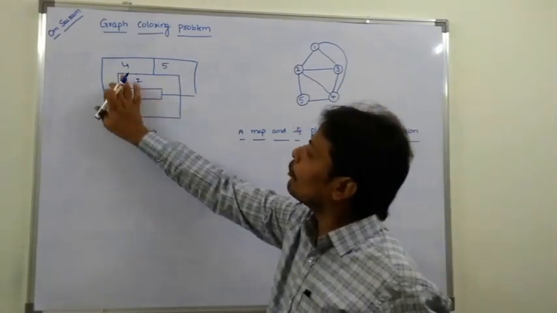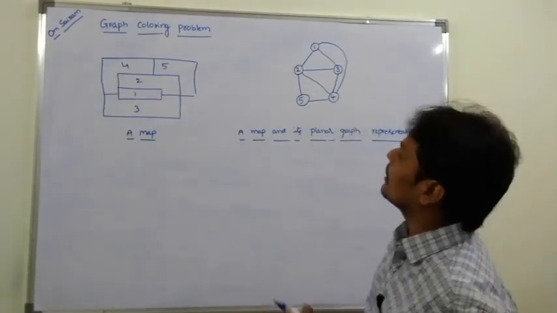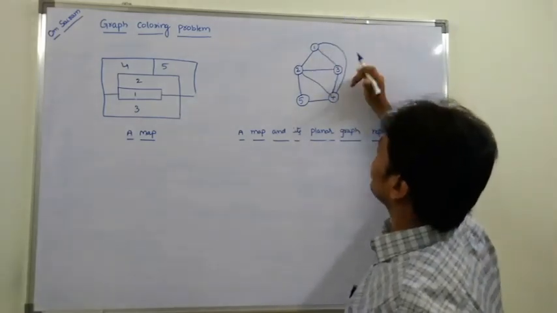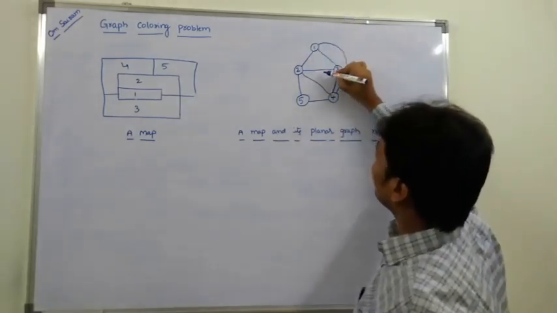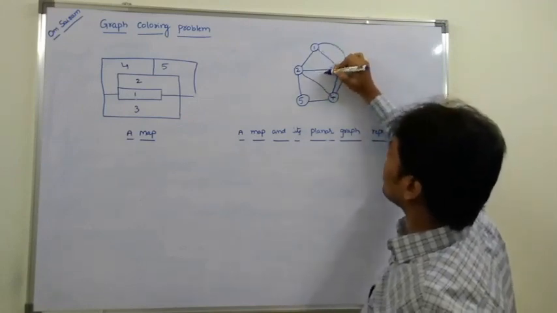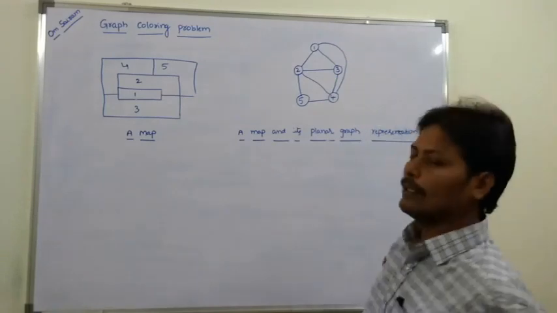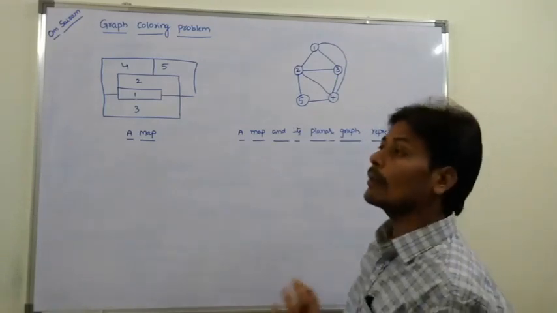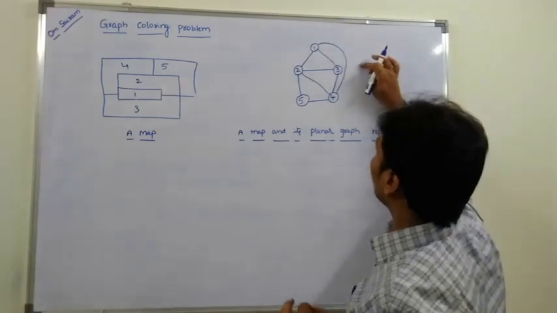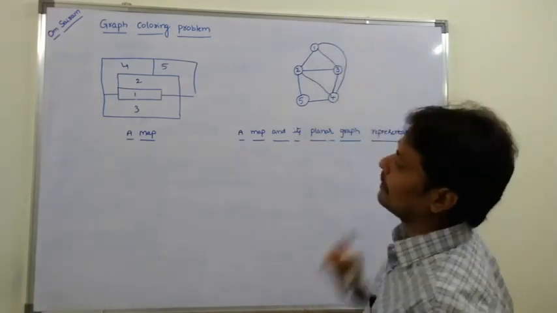Next, 1 and 4 are adjacent regions, so these two are connected by an edge. Suppose we draw this edge in this way. It would cross the 2 to 3 edge, so we cannot draw that edge in this way. So we draw the edge in this way.